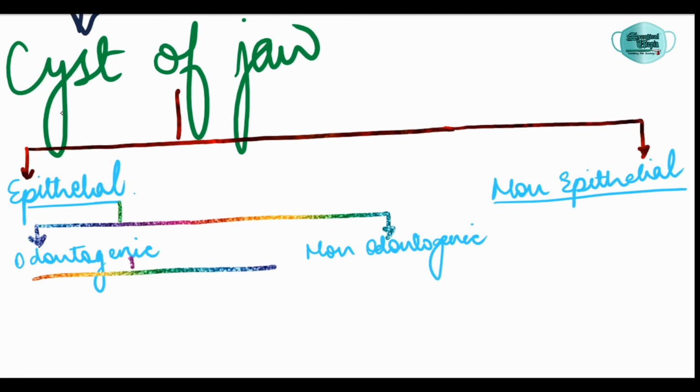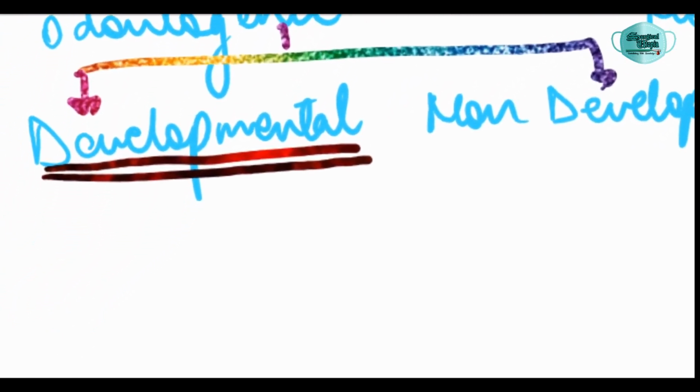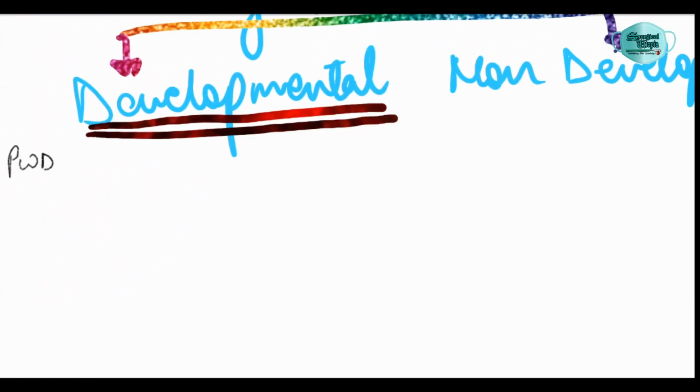The odontogenic origin is again divided into developmental and non-developmental origin, or cysts arising from inflammatory origin. We will study all of them, and in this video I will only enumerate which cysts lie under which category.